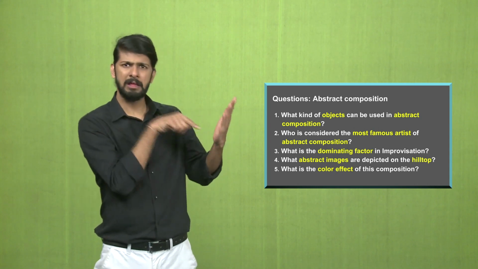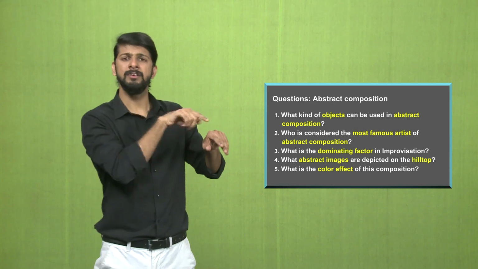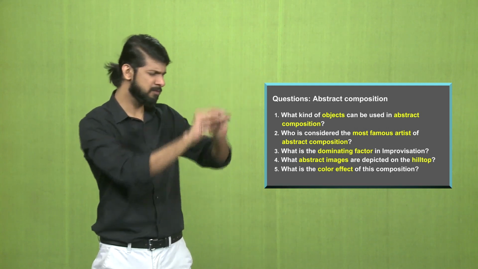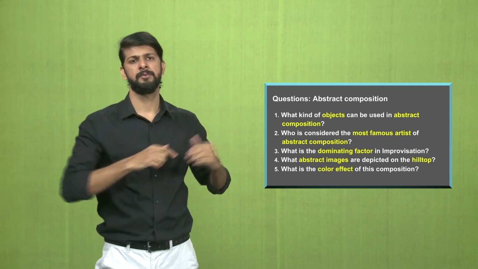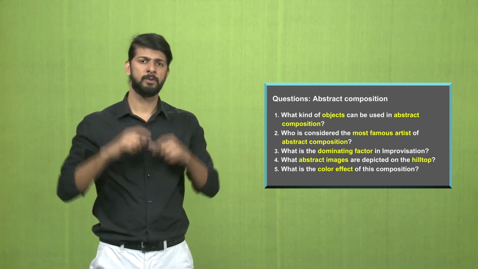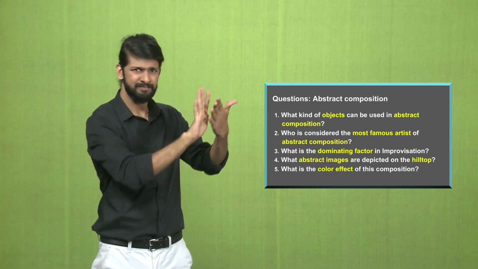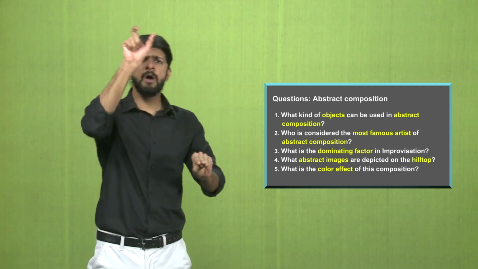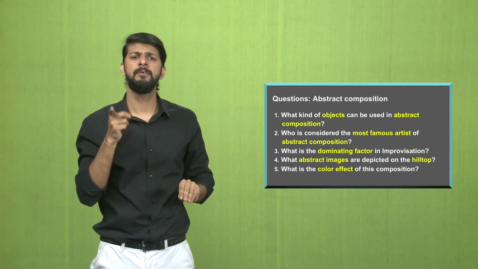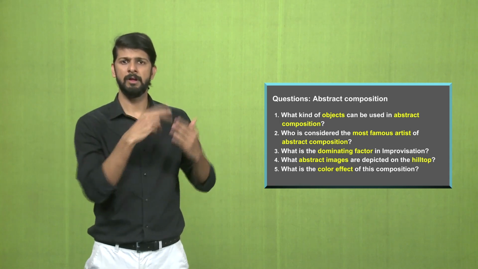Questions related to the abstract composition. Question number 1. What kind of objects can be used in abstract composition? Question number 2. Who is considered the most famous artist of abstract composition? Question number 3.